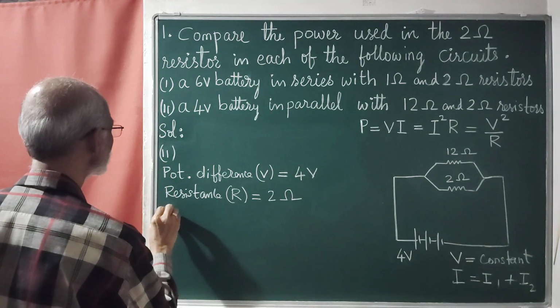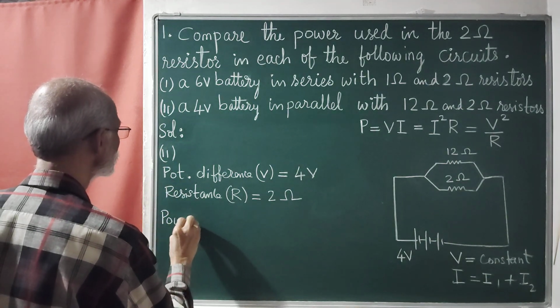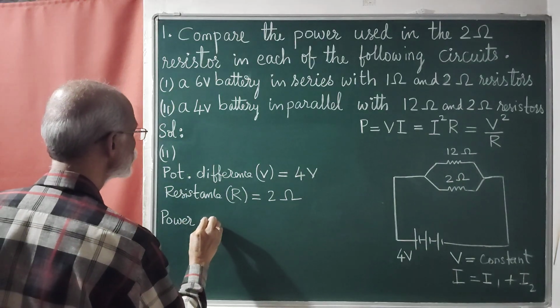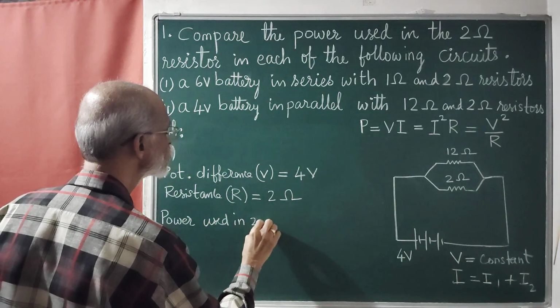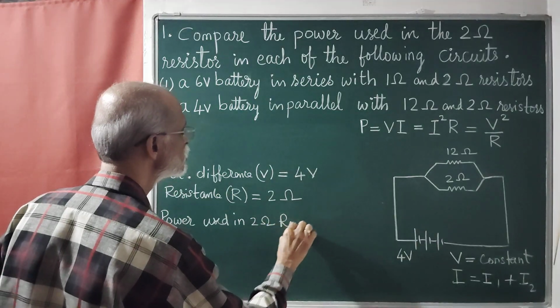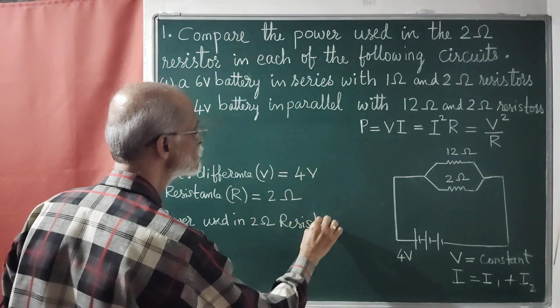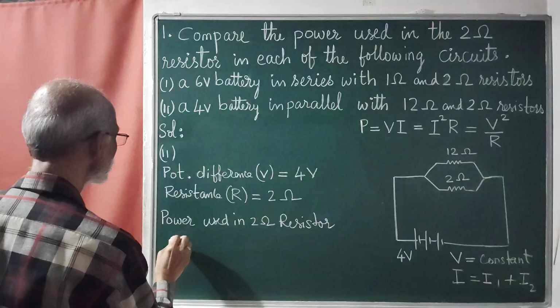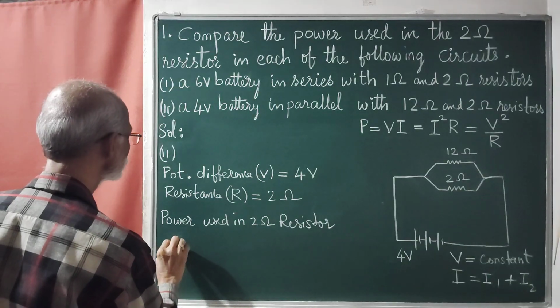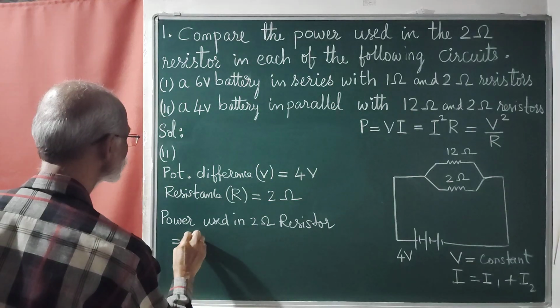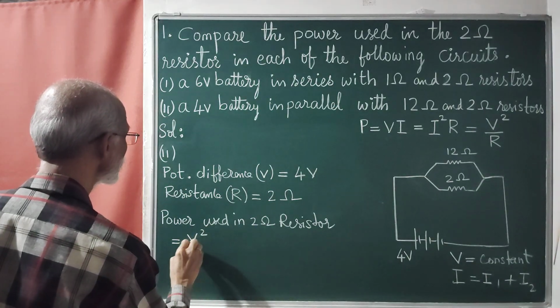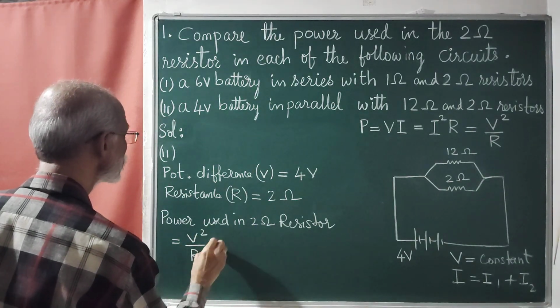So the power used in the 2 ohm resistor is equal to, P is equal to V square by R. So V square by R. What is V?